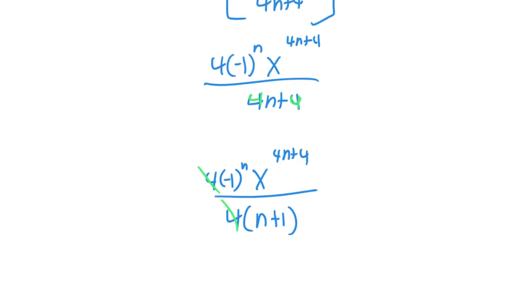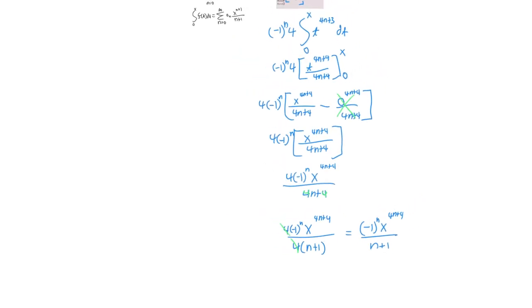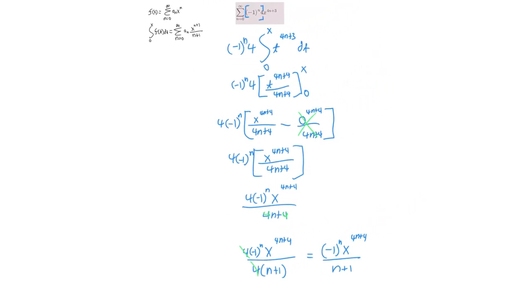These would cancel. And then you have this, right? So you have negative 1 raised to the n, x raised to the 4n plus 4 all over n plus 1. Right, but it's going to be the summation of that, right?